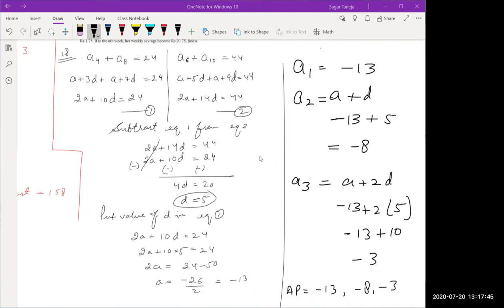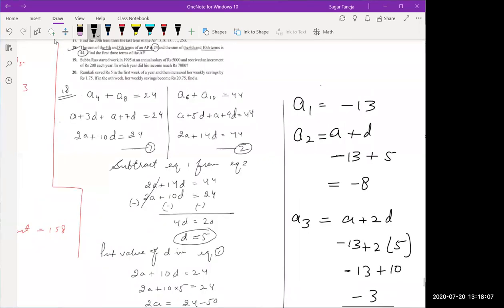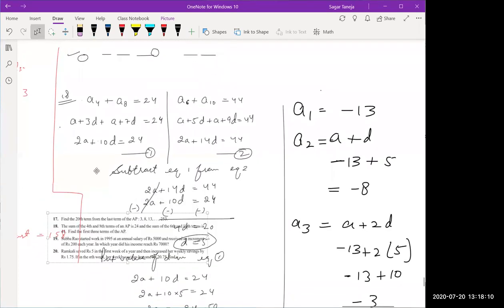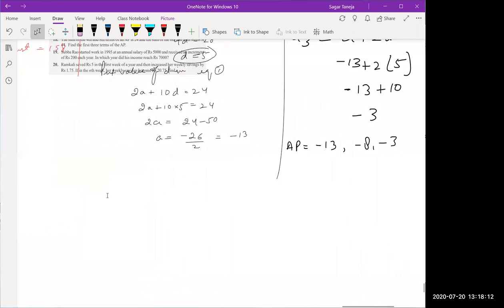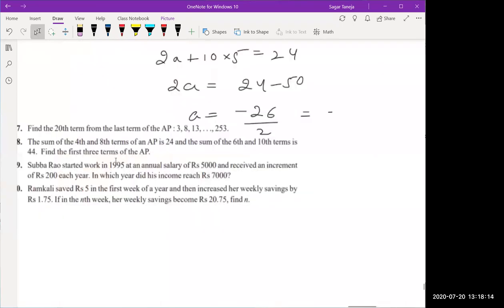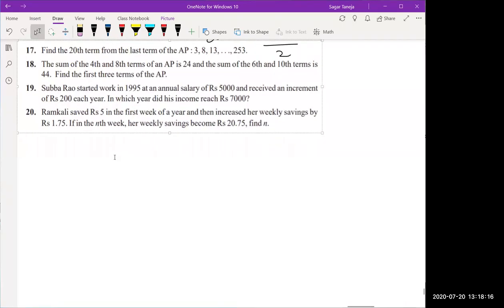Then we'll start with the concept of the next exercise. Next. Nineteenth.